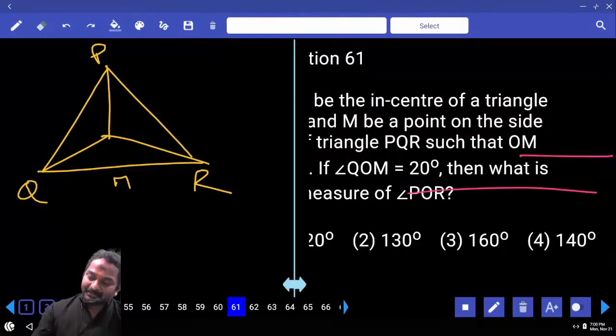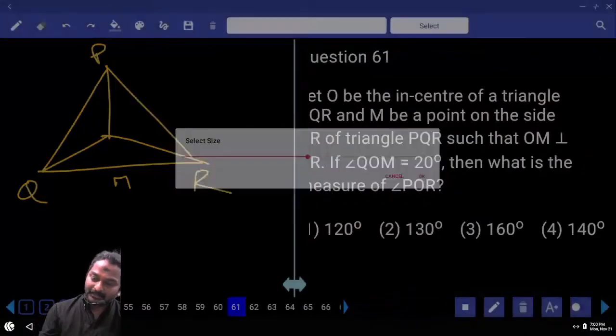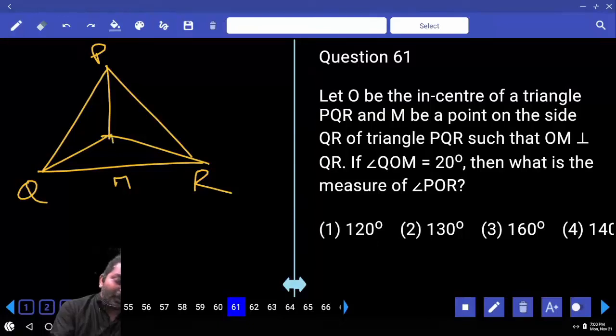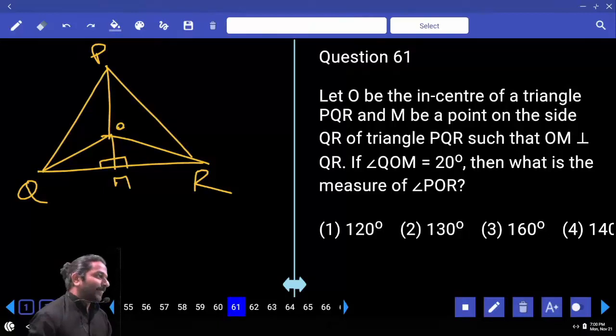Such that OM is perpendicular to QR. Right, okay. If it is perpendicular, the angle at M to the left side and to the right side becomes 90 degrees, right?